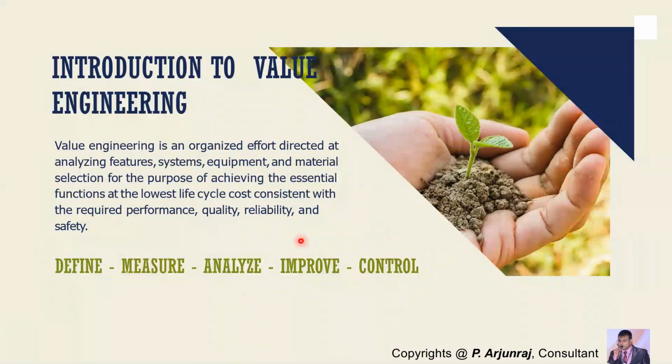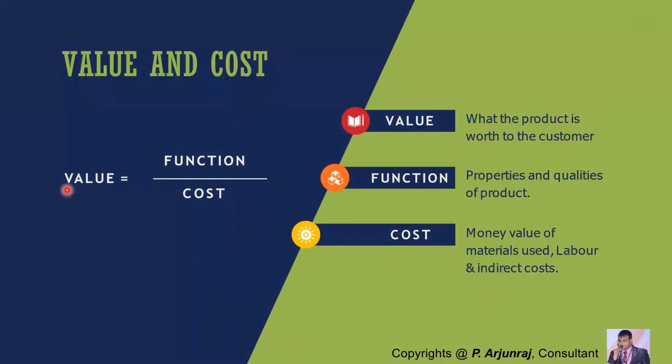Now, value is defined as a ratio between function and cost. The function, in the previous slide I was talking about the functions, and even I was talking about life cycle cost, I think the cost.